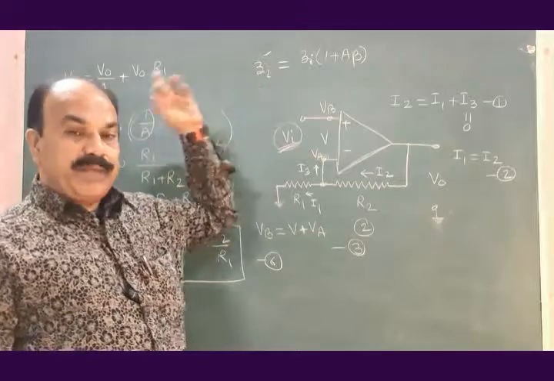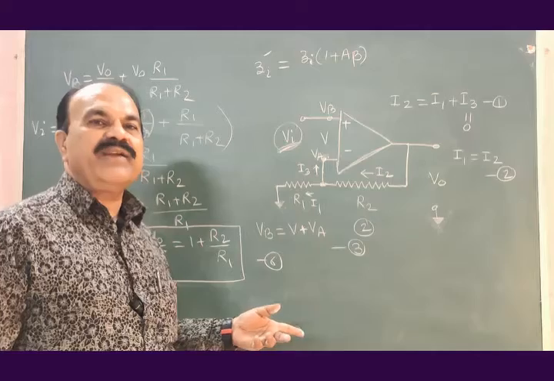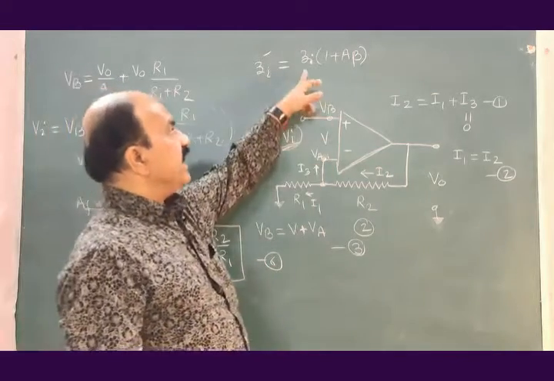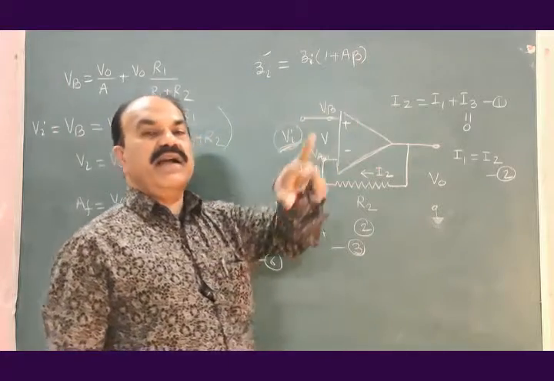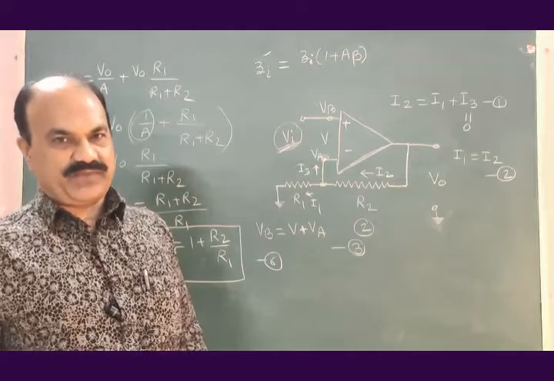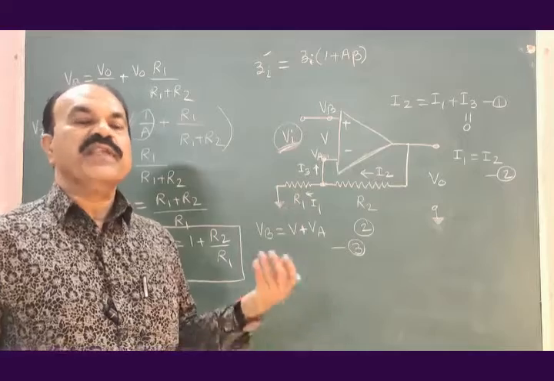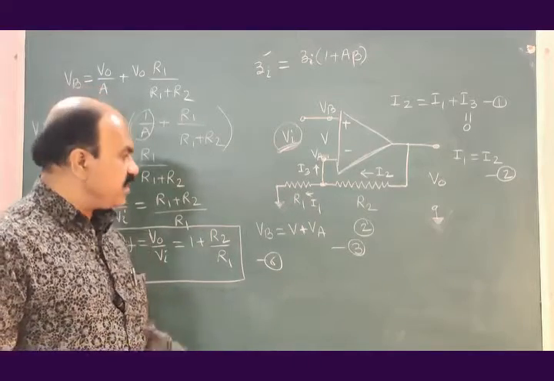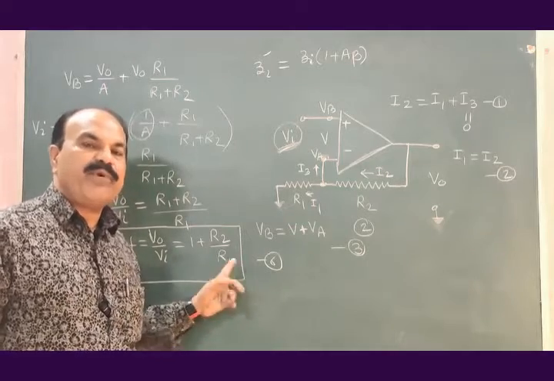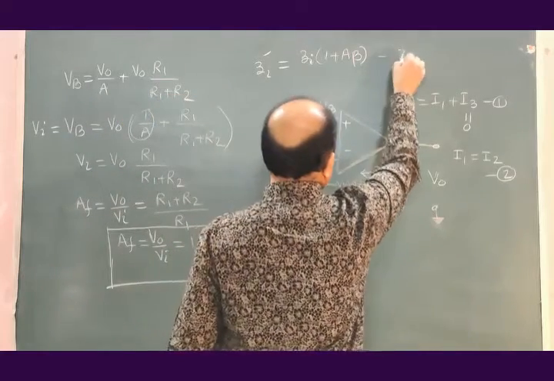Zi dash is the input impedance of the operational amplifier with negative feedback when it is used in non-inverting mode, and we find that Zi is increased by 1 plus A beta times. It means that the value of input impedance is increased to a very large extent by this type of connection of the operational amplifier, equation number 7.